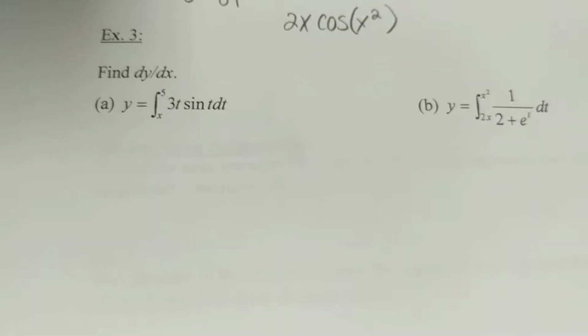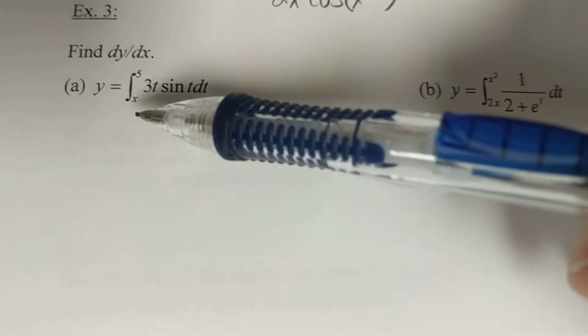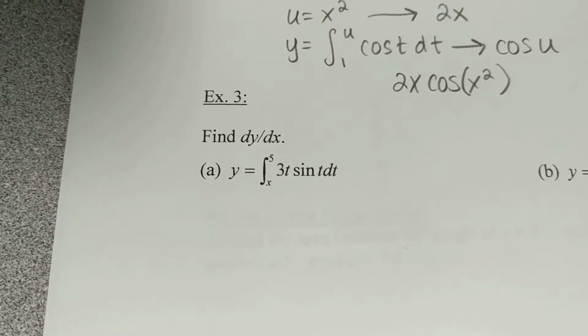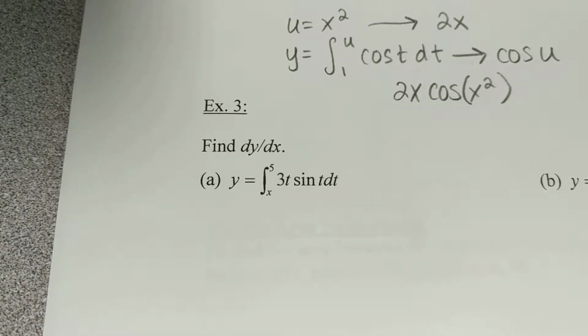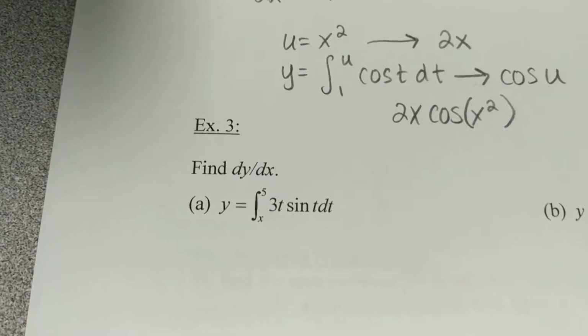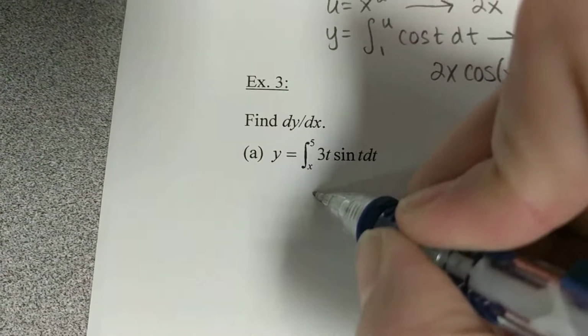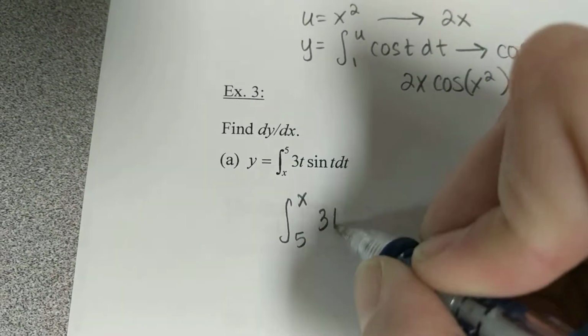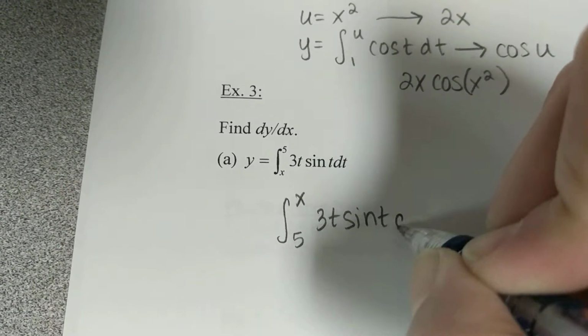So in example 3, now we notice that we've got the x on the bottom and the number on top. That doesn't work for us. We have to have the x up on top for part 1 to work. So if I'm going to find the derivative, I want to flip-flop those. Well, good thing that in one of our previous lessons we learned we can just flip-flop those two.